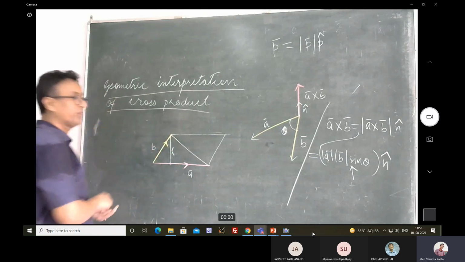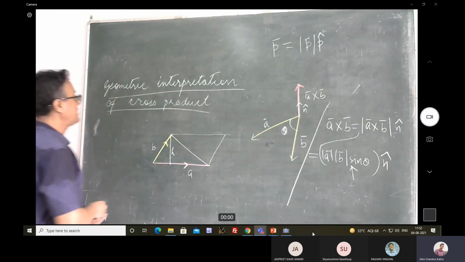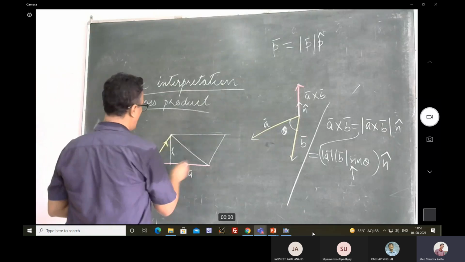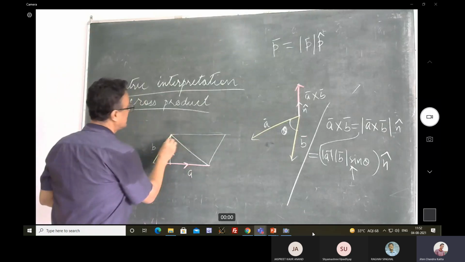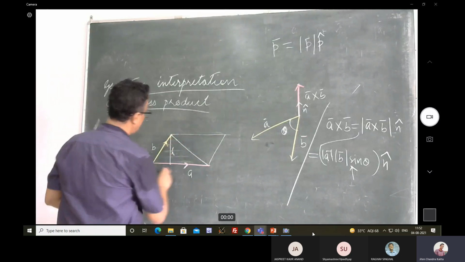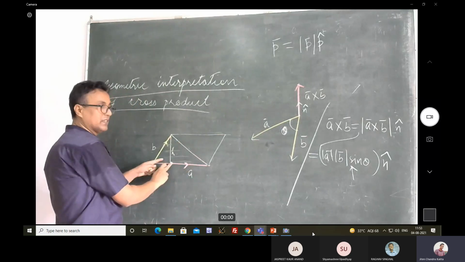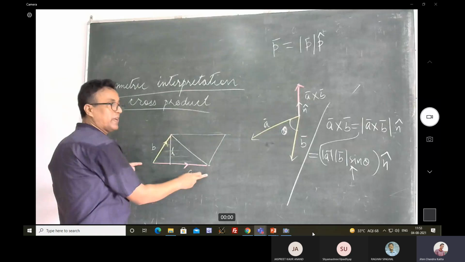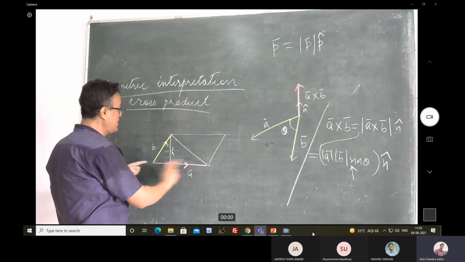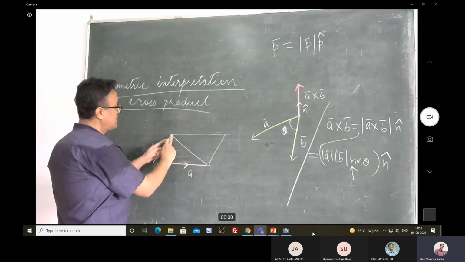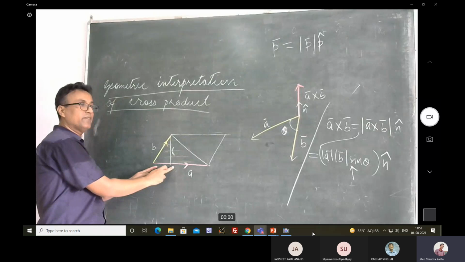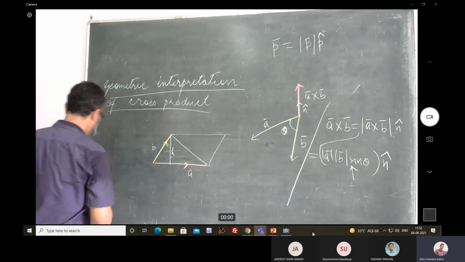If this is H, then you know that the area of this triangle is half into this length into this height, right? So the area of this parallelogram is simply going to be this length into this height.